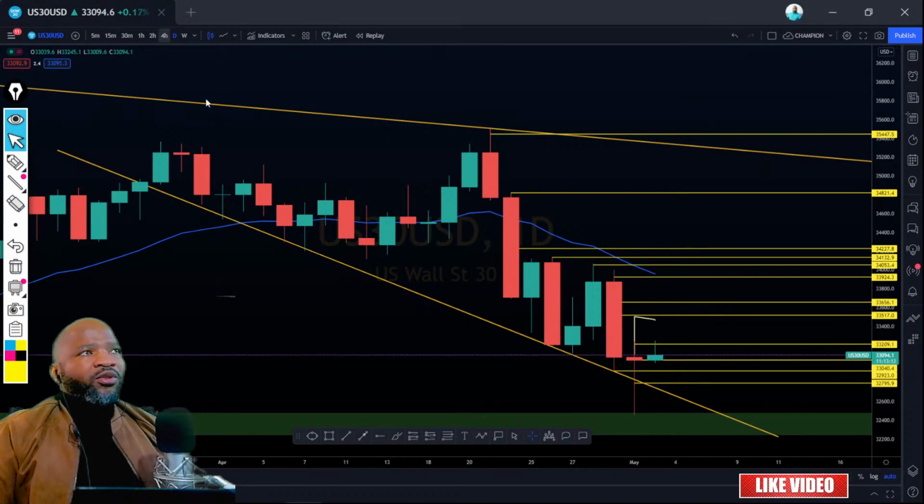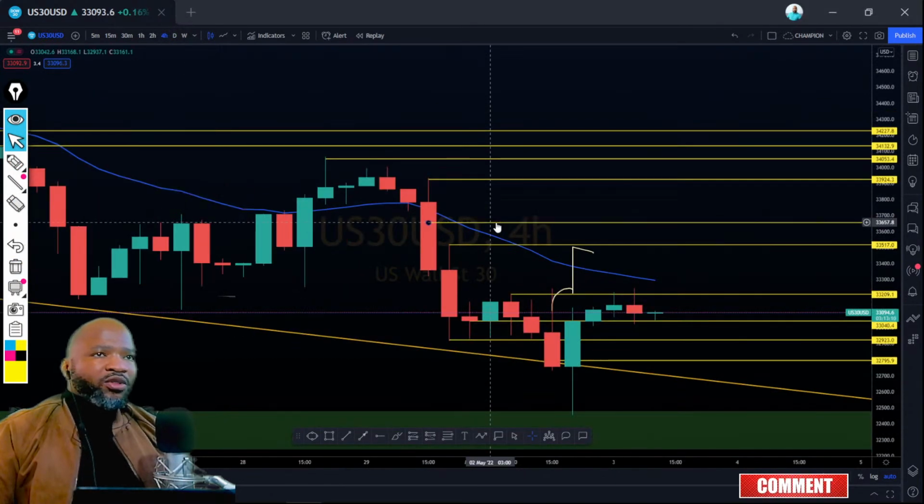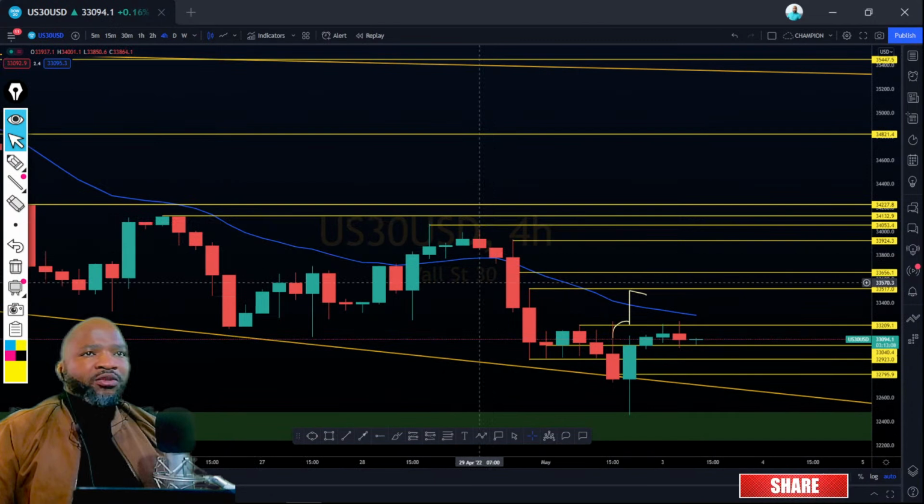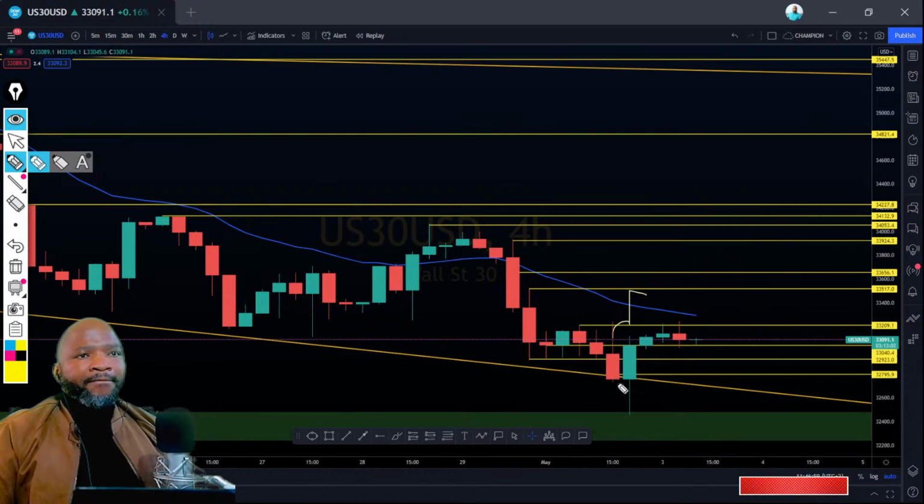Let's check with the 4-hourly time frame. We could see our price making some beautiful moves. You can see this area is respected now. This is where we can say this is a very important level. If the price pushes towards the downside, it's going to present a double bottom.